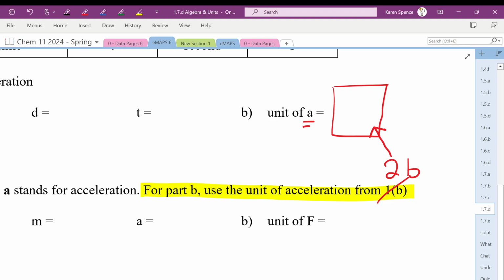Oh, on this one, okay, so we have four. I knew it.